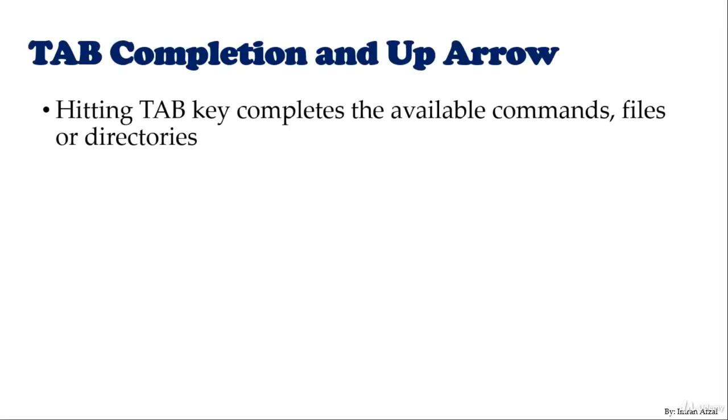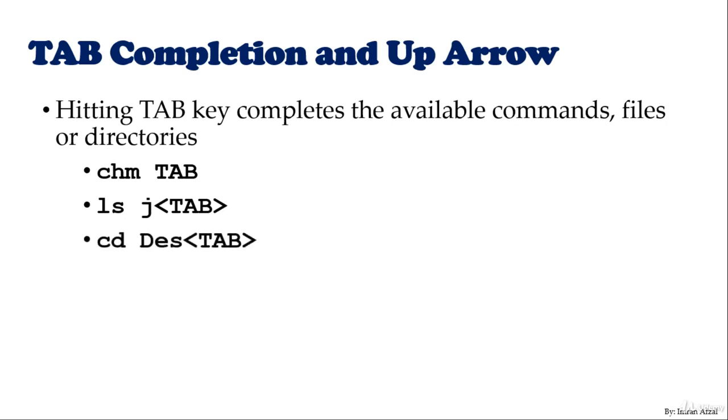Hitting the tab key completes the available commands, files, or directories, such as when you're running chmod, this command has od at the end as well. So if you just type chm and hit tab, it completes the command for you. The same way, when you do ls space j and hit tab, it will list all the files that start with j.